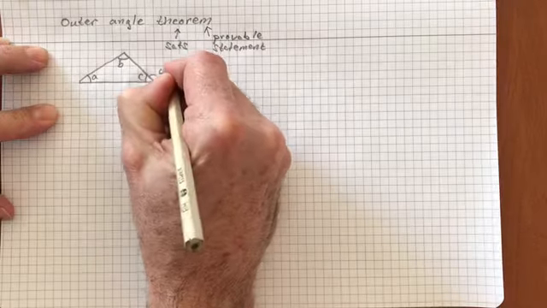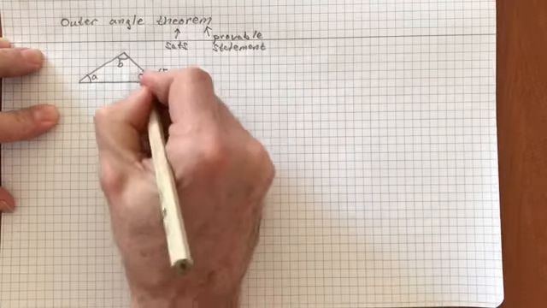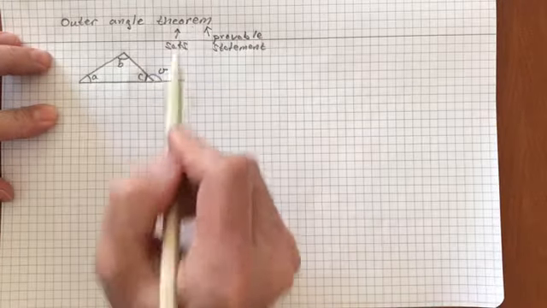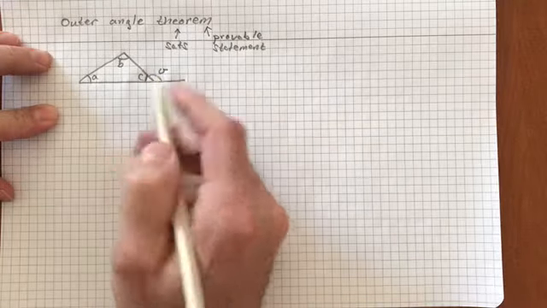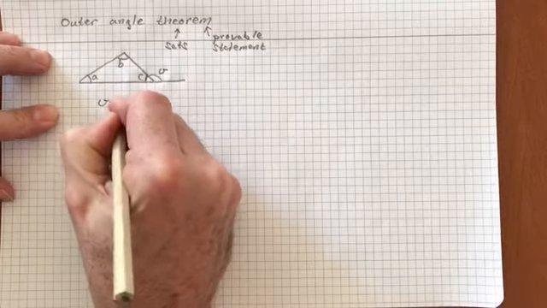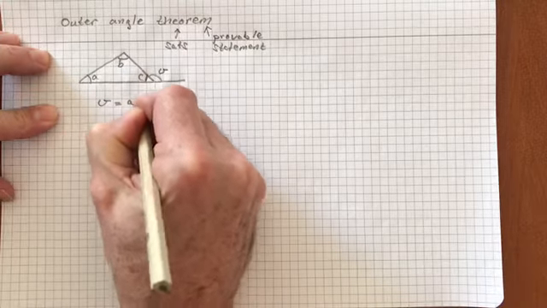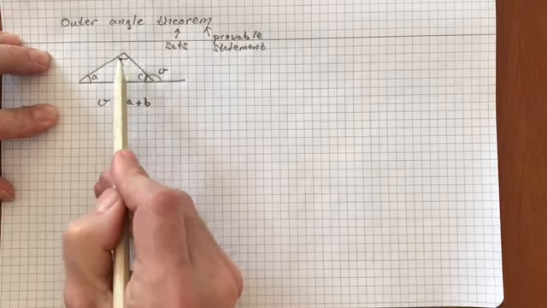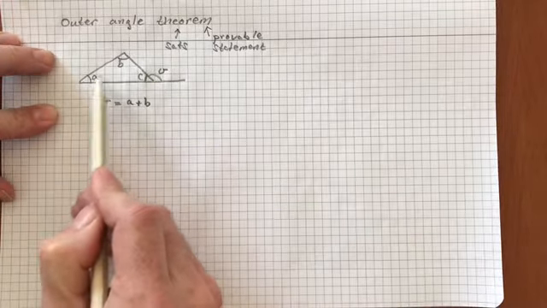So let's call this angle V. Now, the outer angle theorem says that this angle V is equal to A plus B. That angle is the same as this angle and this angle together.